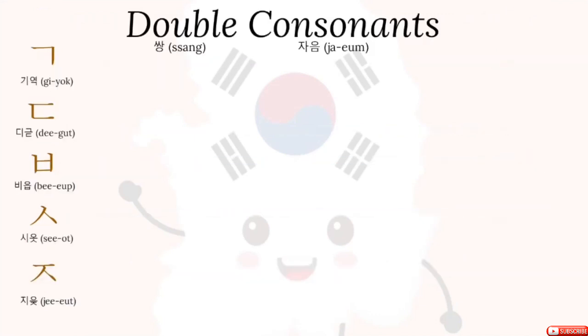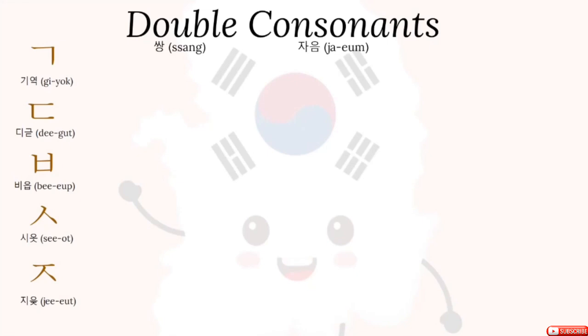Double consonants in Korean are called 쌍자음. In lesson 1, the consonant was just called jaum, but now we are adding the double. Double in Korean means sang. So 쌍자음, double consonants. As I've said, it only applies to 5 of the single consonants.